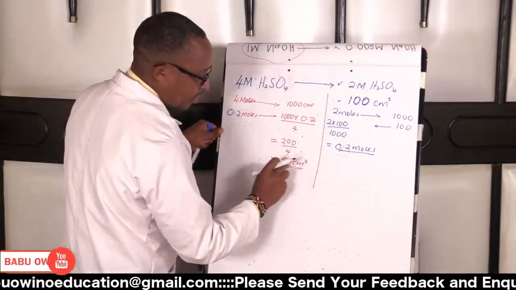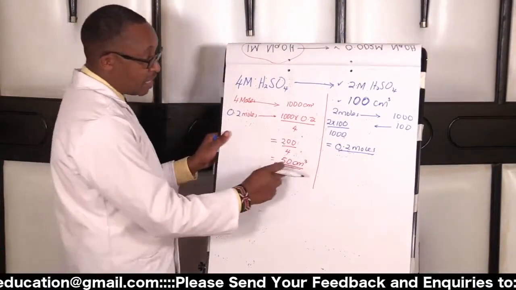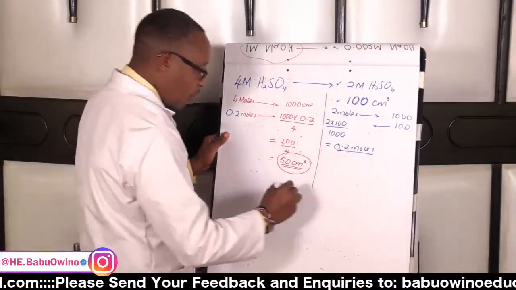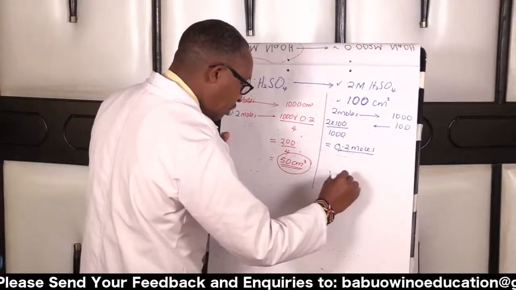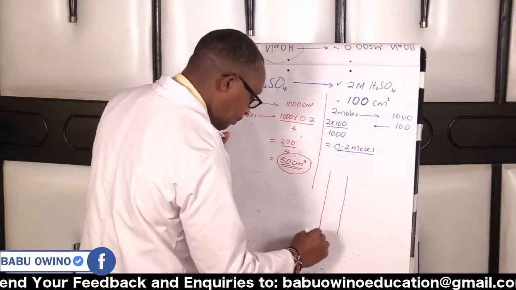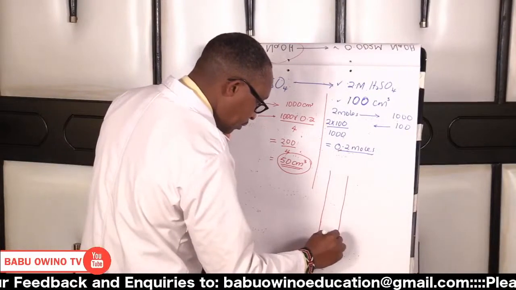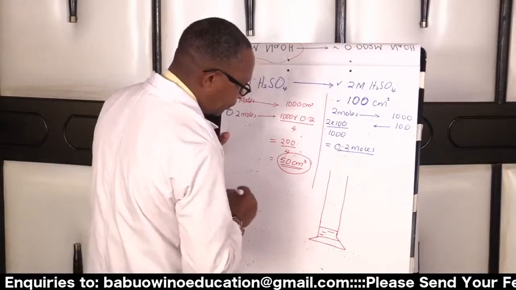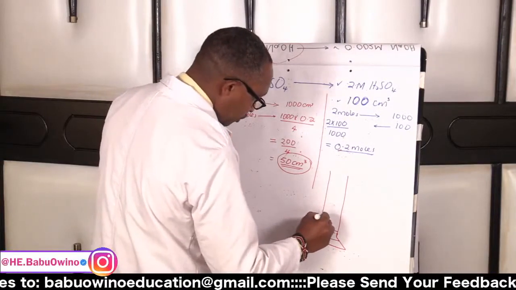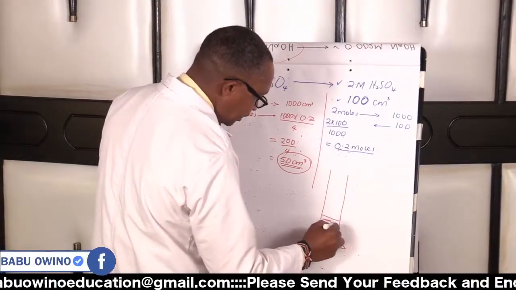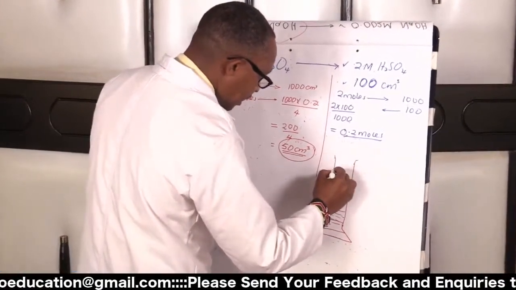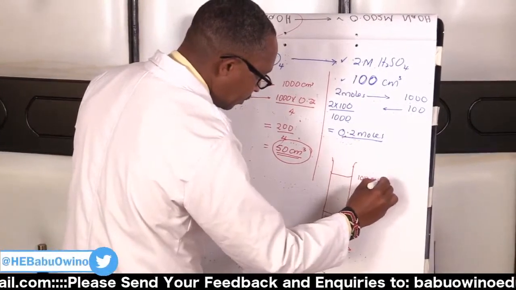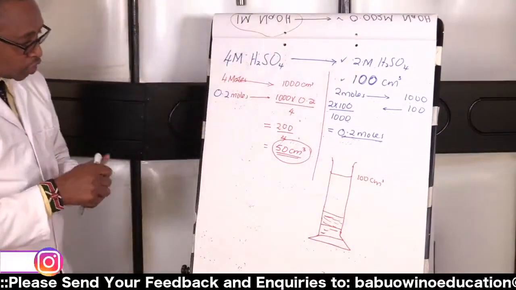What does this one mean? This means that if you fetch 100 centimeters cubed flask, put some little amount of water, then you put 50 centimeters cubed of acid, and then you top up to the mark of 100, and then you shake.